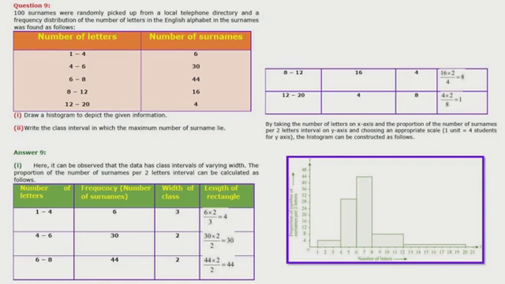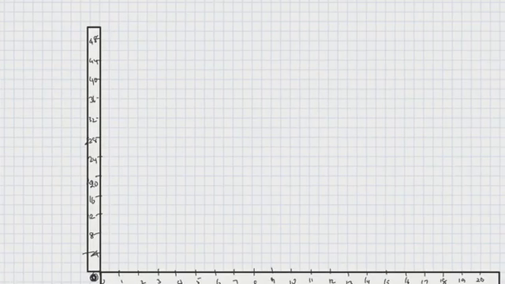So we are going to draw the histogram. I marked here the x-axis and y-axis. How many students does 1 unit equal here? 4 students we have taken: 4, 8, 12, 16, like this.